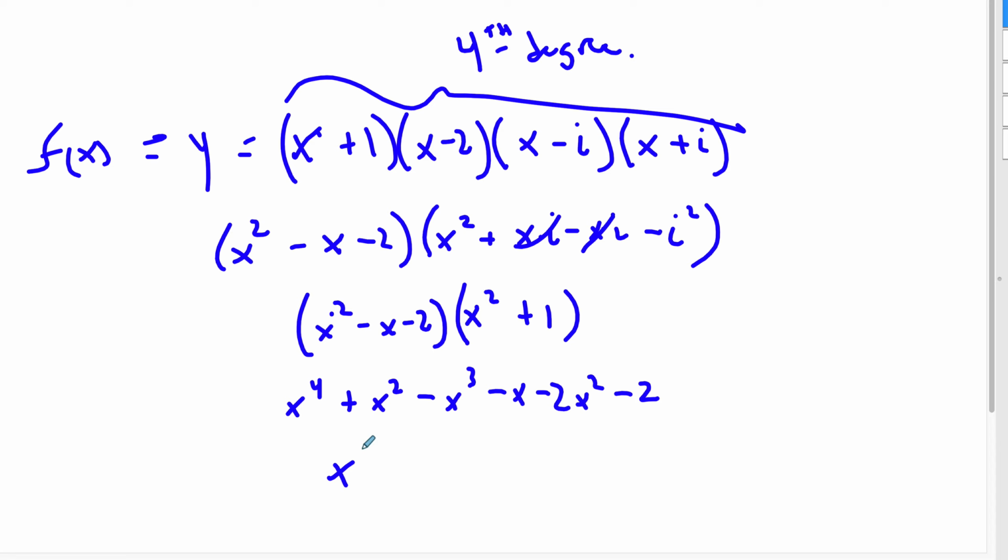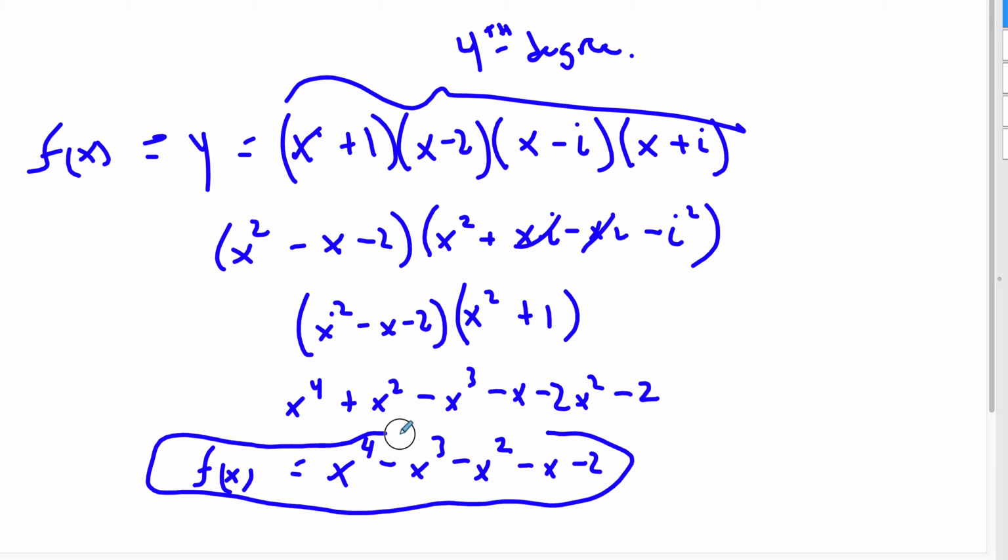Now with a little bit of reworking, x to the 4th minus x cubed, x squared minus 2x squared is going to be minus x squared, minus x minus 2. So in the end, even though it has complex roots, like we saw in the quadratic, when I distributed that out, this ends up being a quartic, a 4th degree model that has those 4 roots, okay?